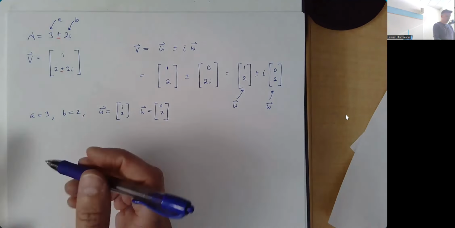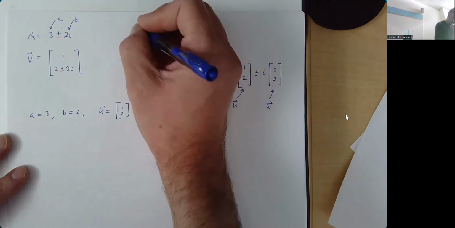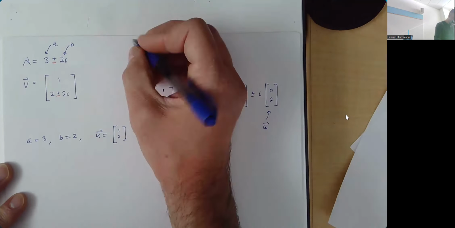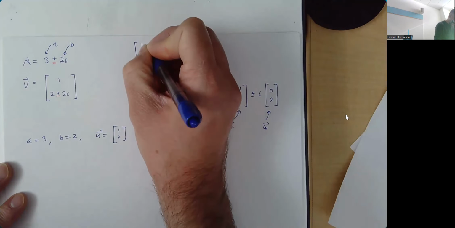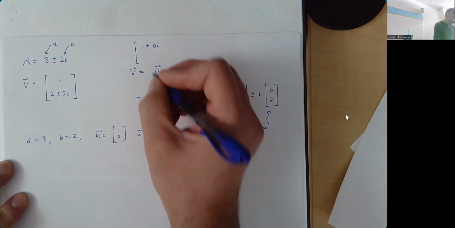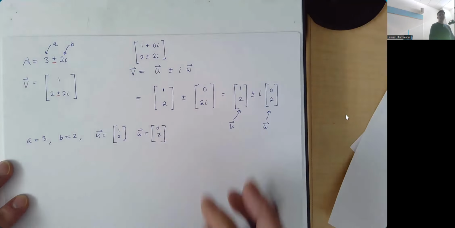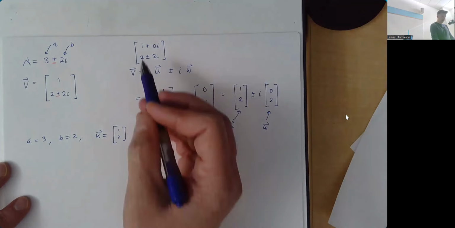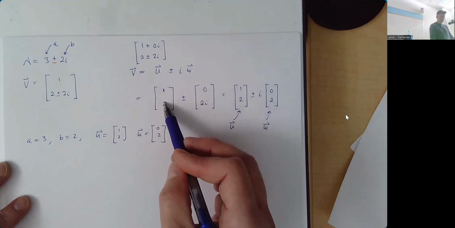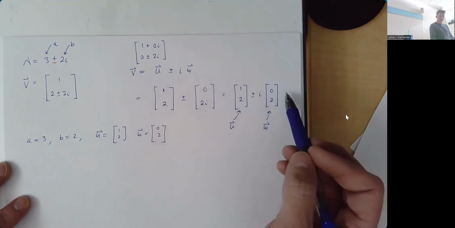One way to think about this is I'm thinking of V as 1 plus 0i in the first part and 2 plus or minus 2i in the second part. So the real parts are the 1 and the 2, the imaginary parts are the 0 and the 2i, or the 0 and 2 times i.